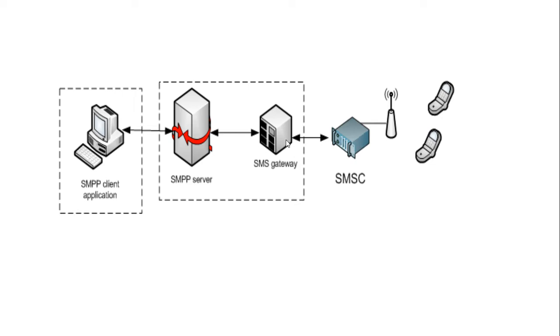These two networks are different. So to communicate with an SS7 network, the SMS gateway needs to communicate over SIGTRAN, because this is IP based communication and this is SS7 communication. The signaling part of this is over SS7, so this area requires the SIGTRAN implementation. So here is the practical requirement of SIGTRAN.